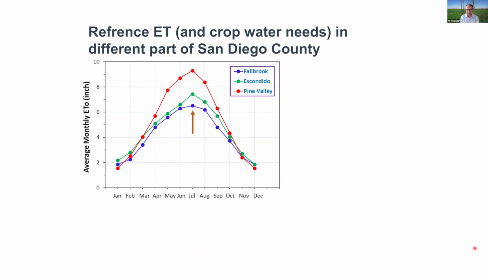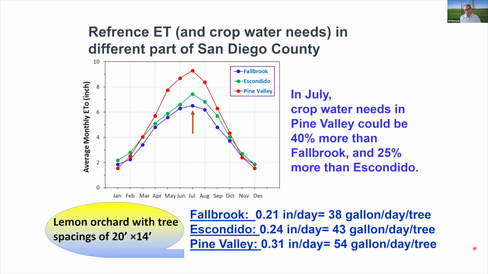As you can see in this graph, let's just talk about July. In July, we see there is a significant difference between ETO, or reference ET, among these 3 cities. Crop water needs in Pine Valley are about 40% more than Fallbrook and about 25% more than Escondido.